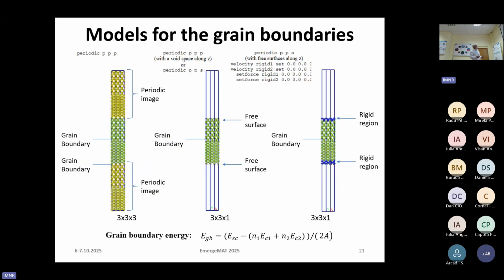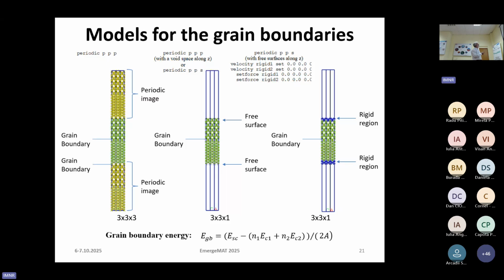So in practice, what we do, based on the atomistic models, so these small pieces are atoms, magnesium atoms, green, and white, they are hydrogen atoms.